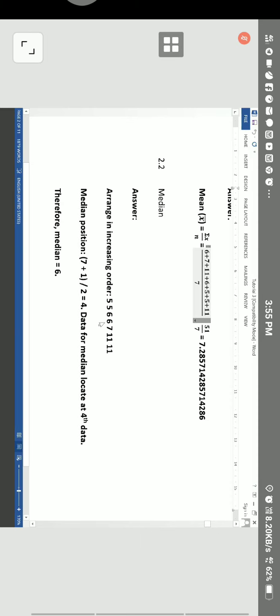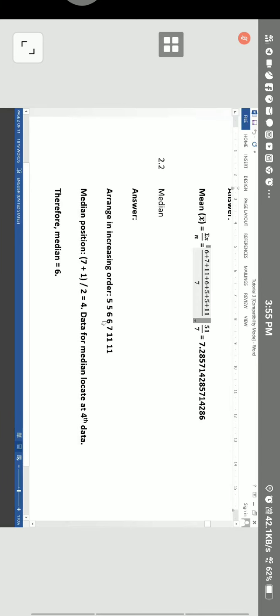Be careful when you interpret your median. Let's say you say the 4 is my median. No, the 4 is the location, the position in your data.